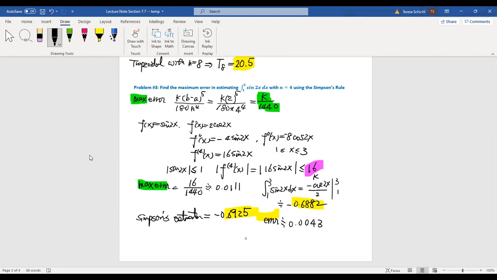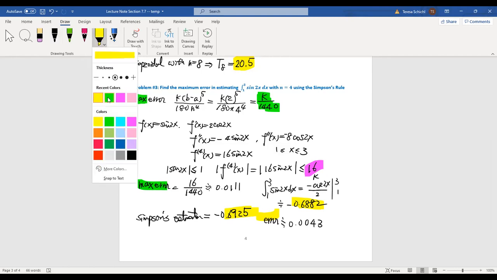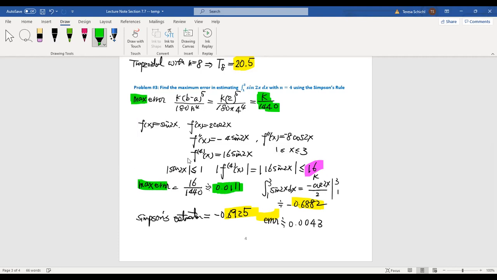So the error is within what we expect, within the maximum error.